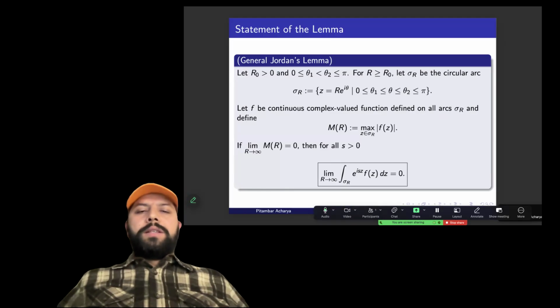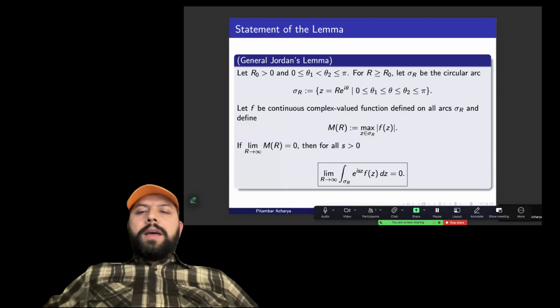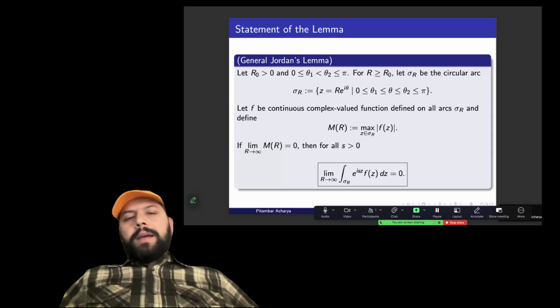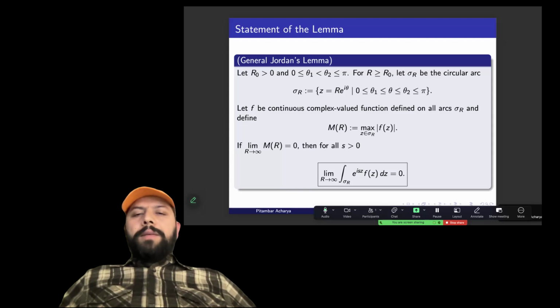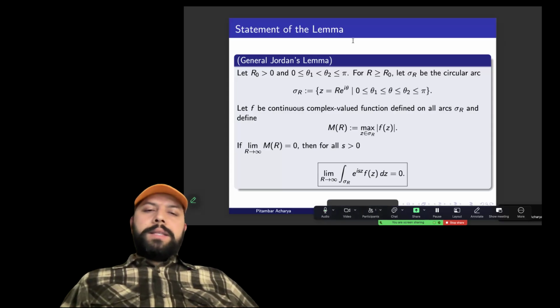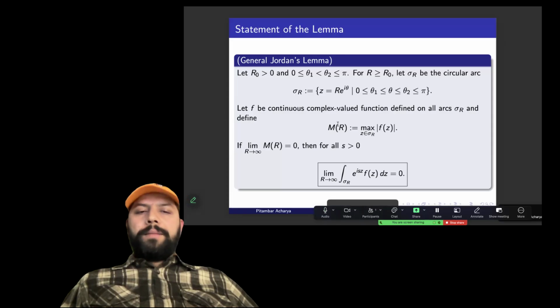Suppose we have a continuous complex valued function defined on all arcs sigma sub R. And we denote the maximum of the magnitude of f(z), where z is taken over the arc, by the symbol M_R.